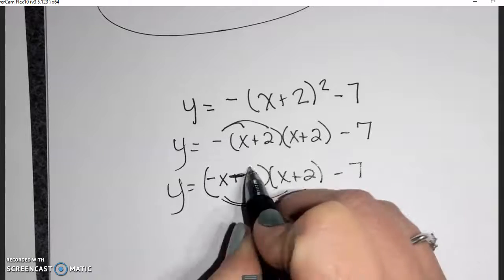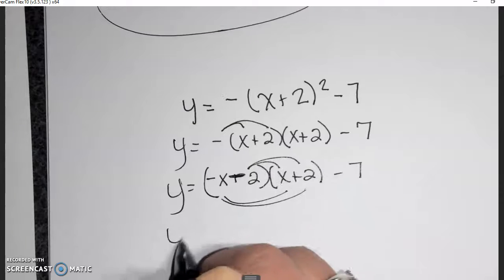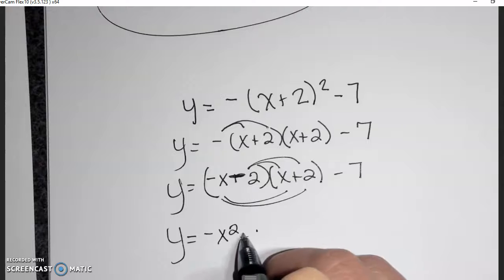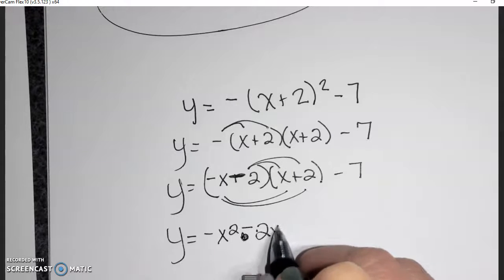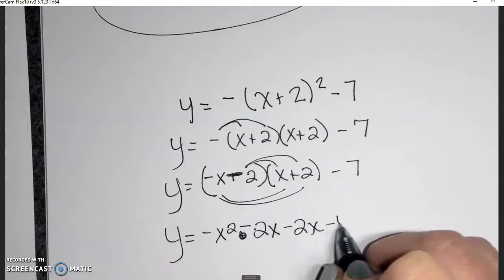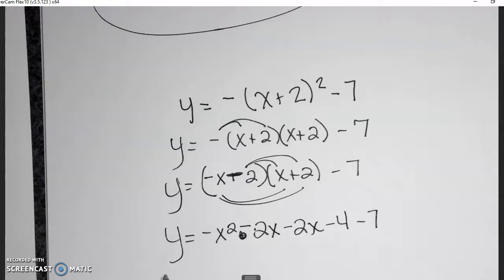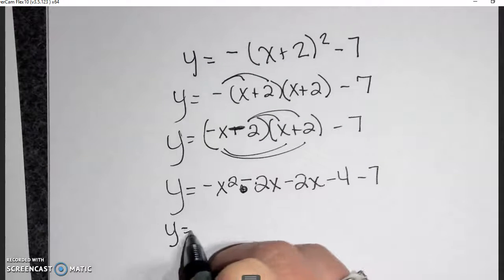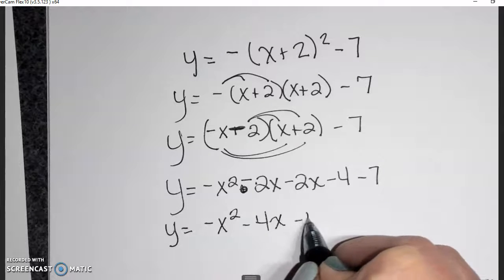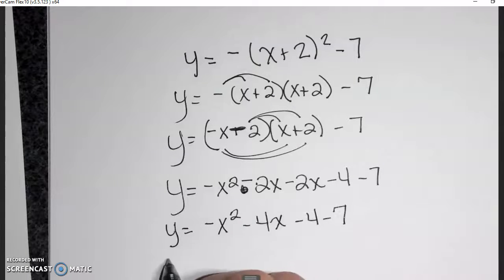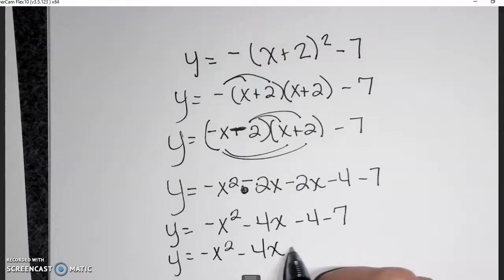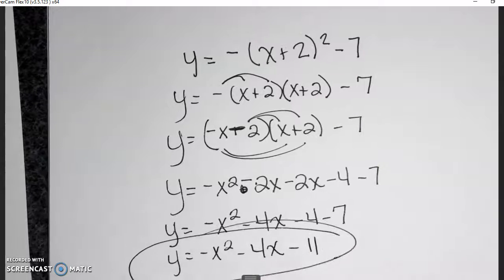Now I'm going to distribute, FOIL. That would be minus. So there's our final answer.